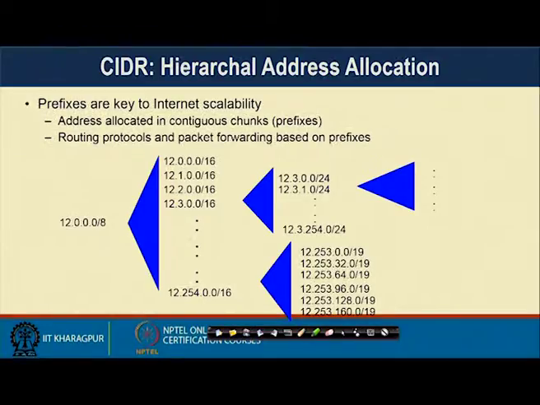Instead, I divide it: if I am sending something to IIT Kharagpur, it is in the state of West Bengal, then a particular district, then a particular city, then a particular area of that city, and so on. So I divide into different levels. Similarly, here also we can divide them this way. You have already studied this in IP address allocation, but we can utilize this phenomenon for our routing.